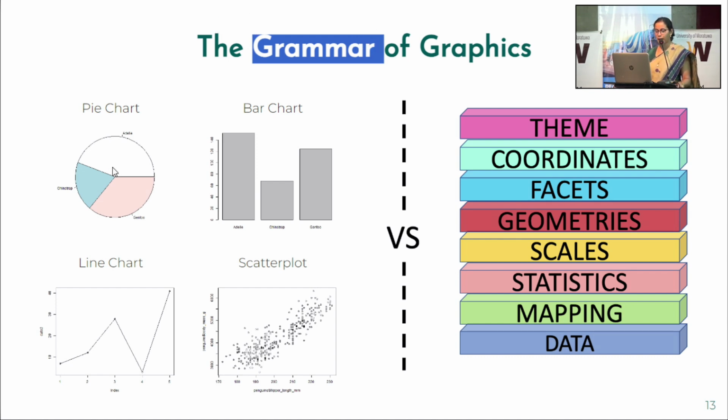If you want a pie chart, you need to use the pie function. If you want a bar chart, you need to use the bar plot. Imagine if you have 10,000 ways of representing data, you need to have 10,000 functions to do these different graphical representations.